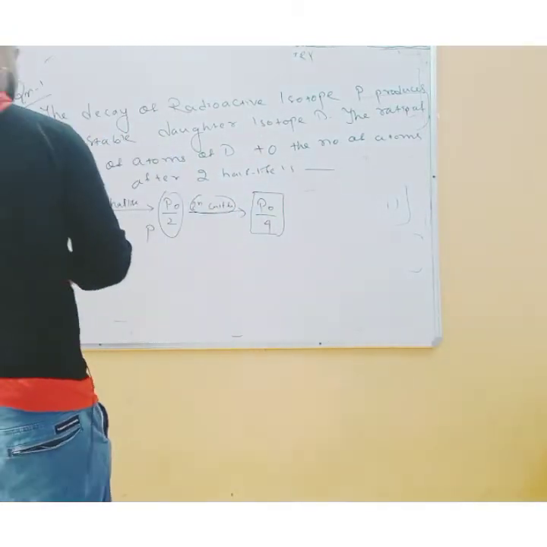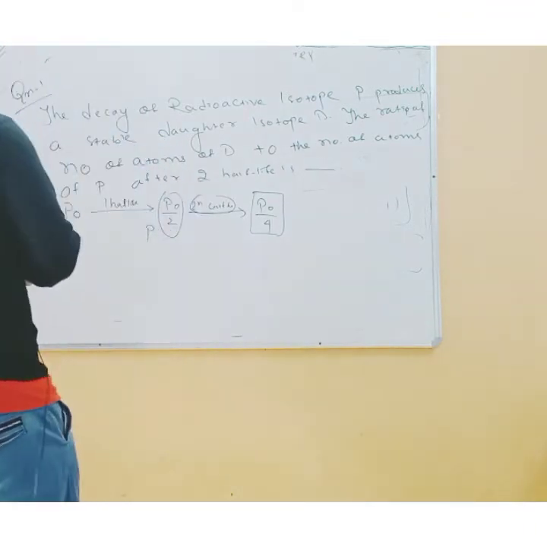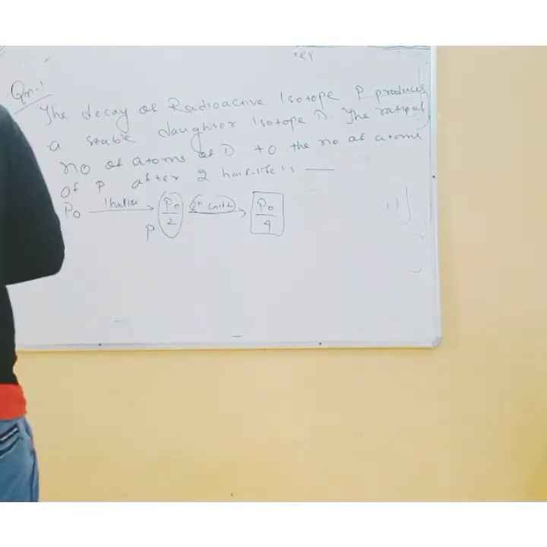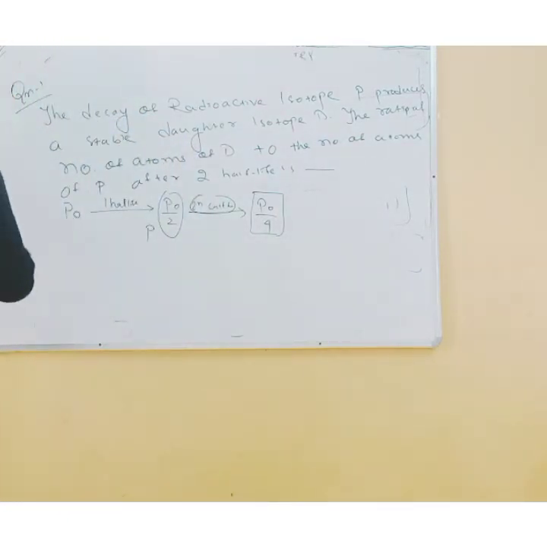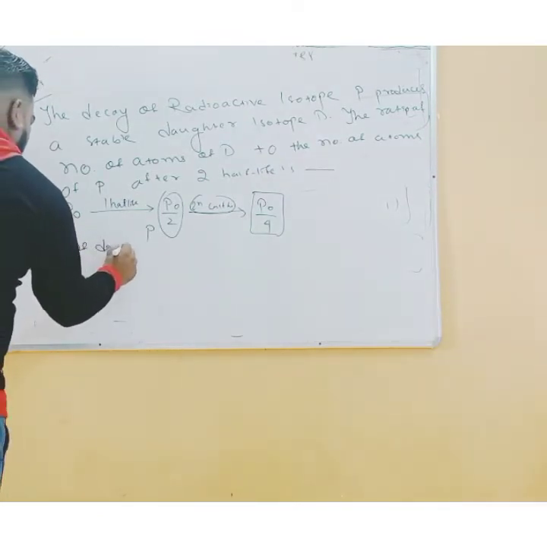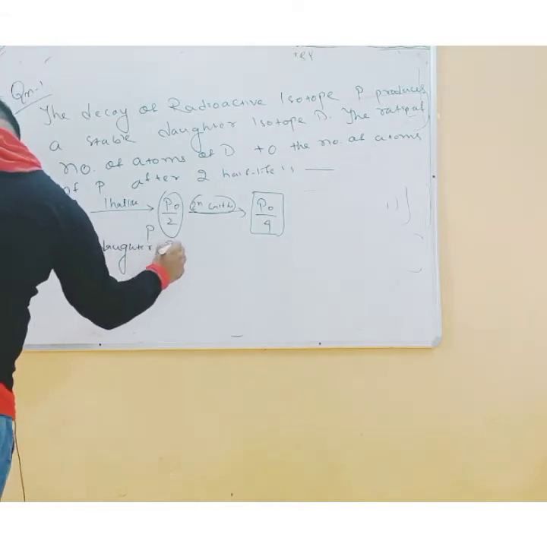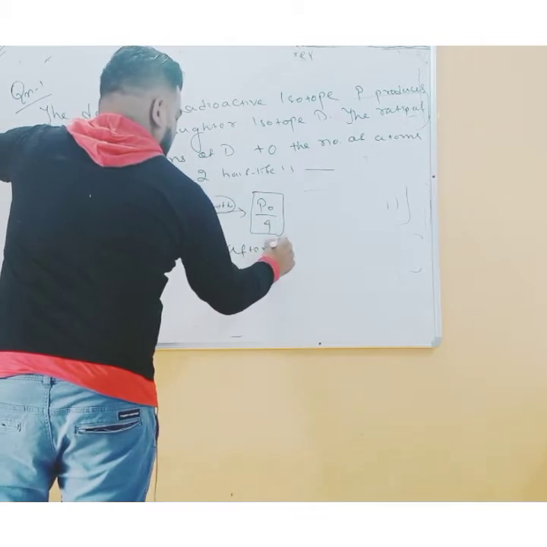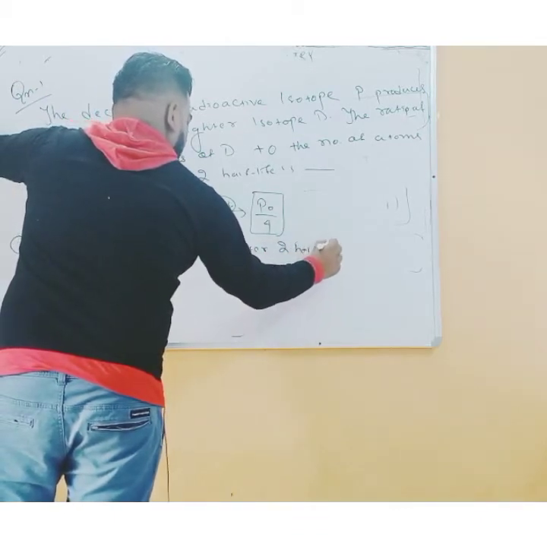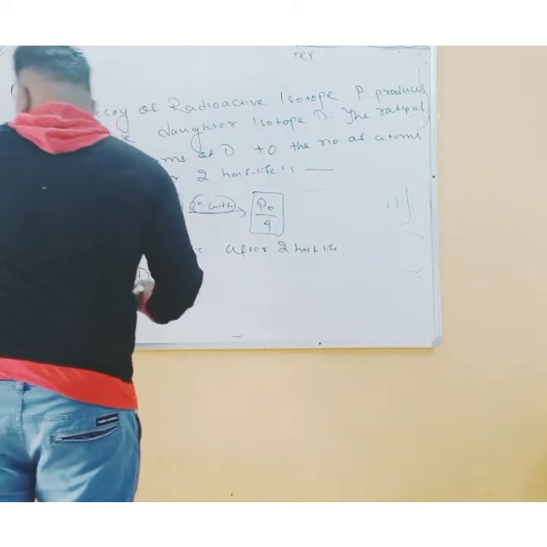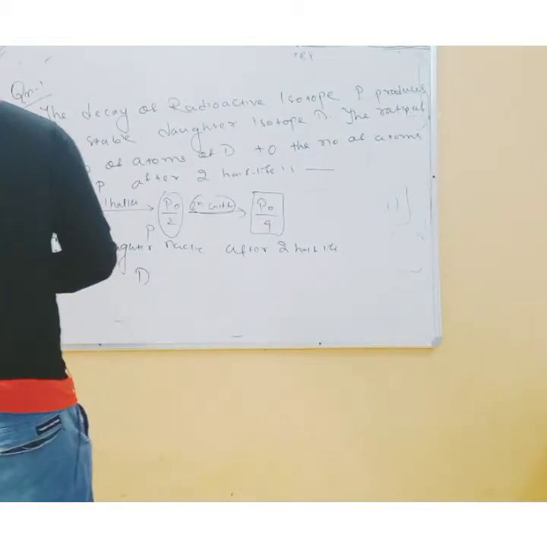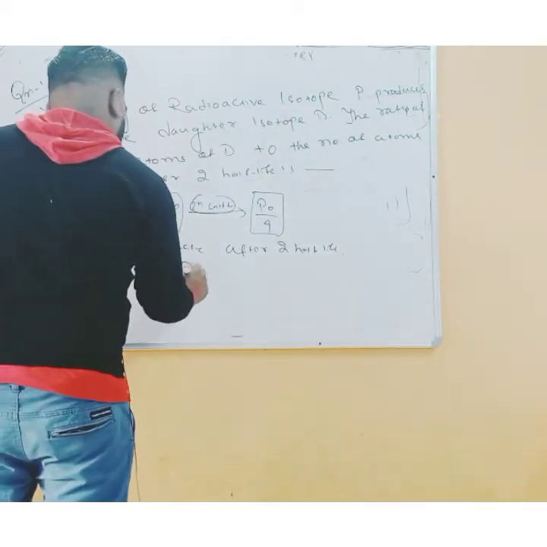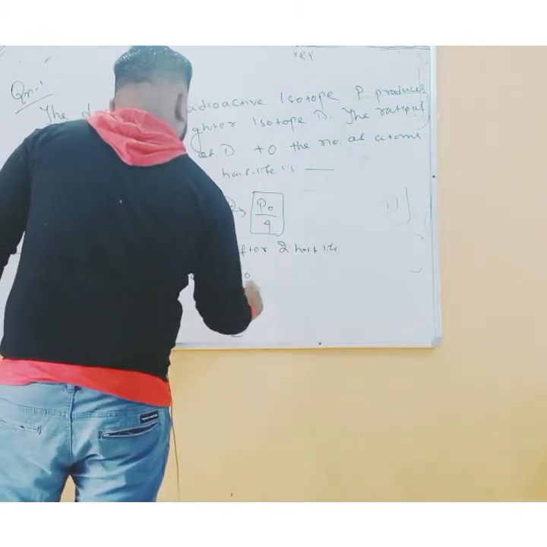So we have to calculate the ratio of the number of atoms of D to the number of atoms of P after 2 half-lives. Now we have to calculate the concentration of daughter nuclei after 2 half-lives. You know the formula: D is equal to P naught minus P naught divided by 2 to the power n.